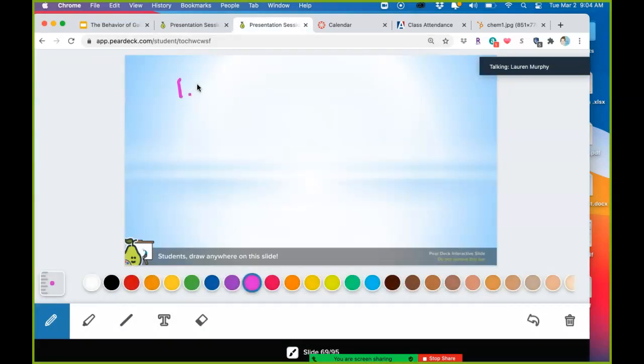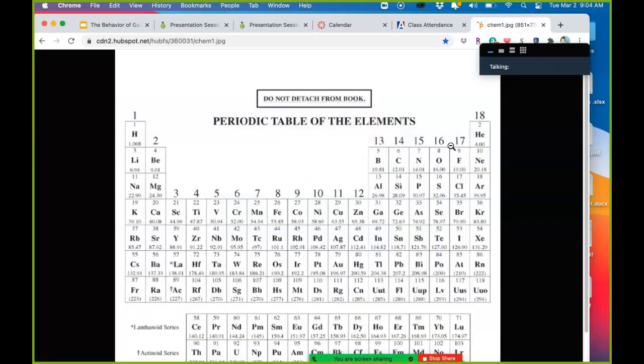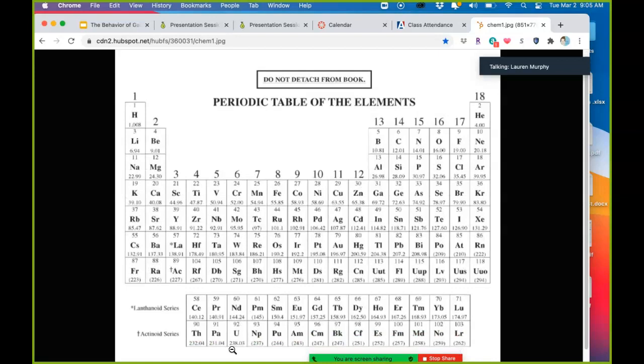So this is going to be pretty easy. You go from moles to grams using the periodic table. So you take a uranium and 6 fluorines and you add them together. So fluorine is 19 times 6 because there's 6 of them. Plus uranium is all the way down here. It's 238.03.